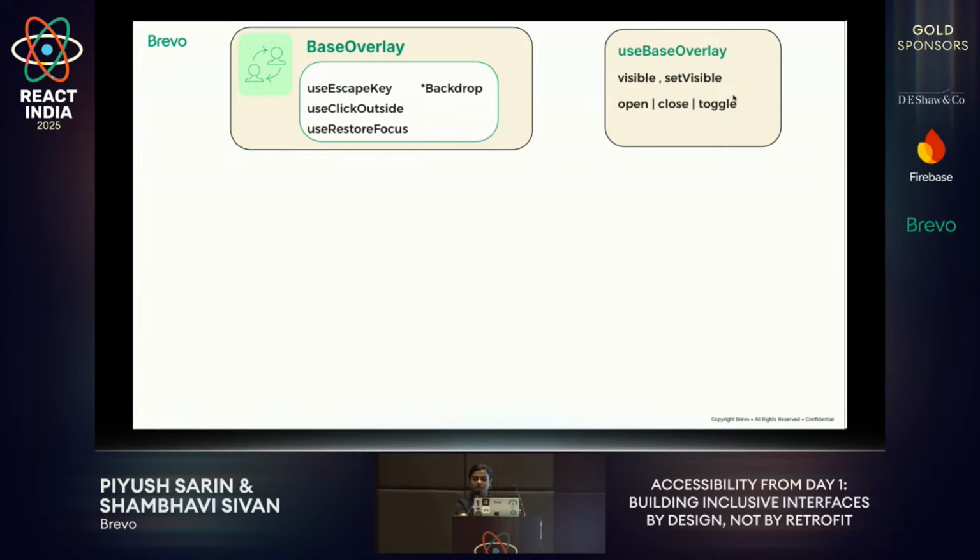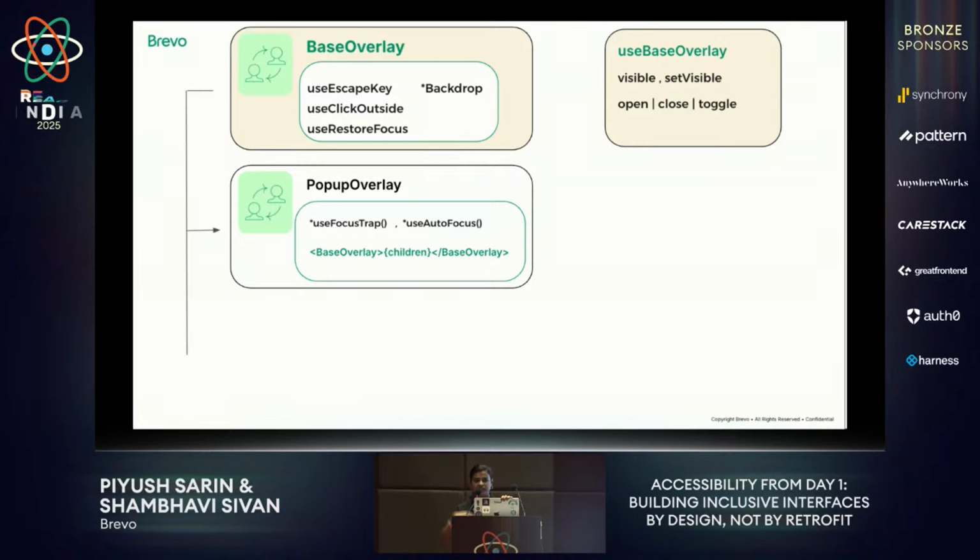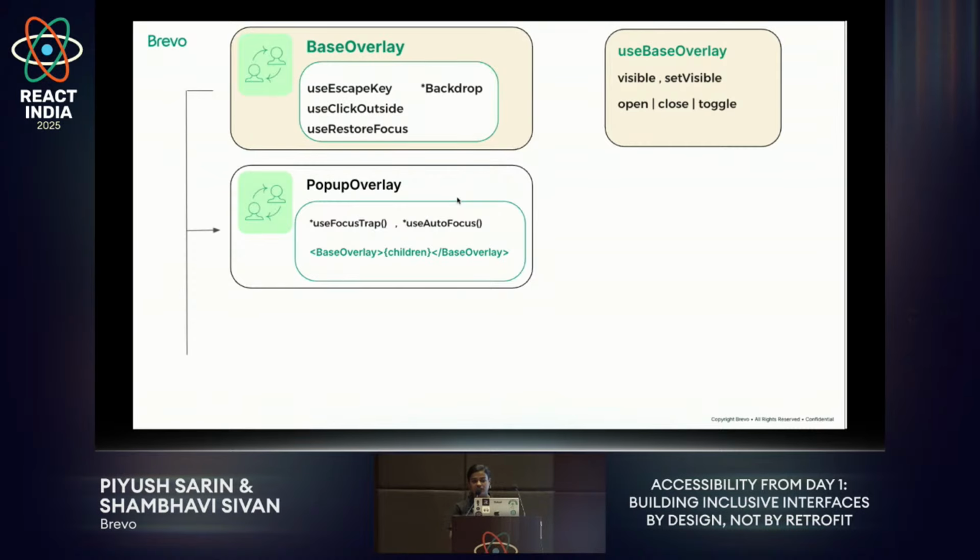Now, why we are doing this and how we'll use it in the code is something that we'll see. But now I'm not going to use the base. I need specific use cases, right? So for the case of a pop-up, okay, I can have another component called a pop-up overlay. So this will simply call my base overlay so that I get whatever base behavior I have. And additionally, I can configure whether it should have the focus trap behavior or not.